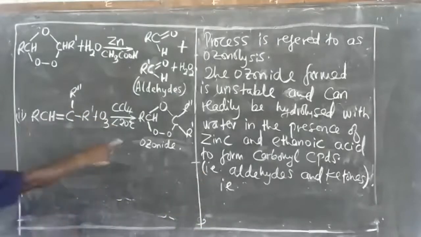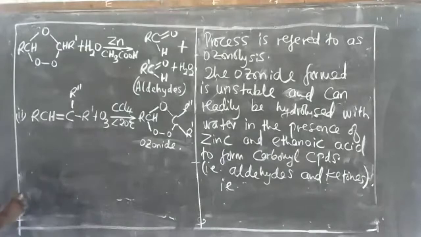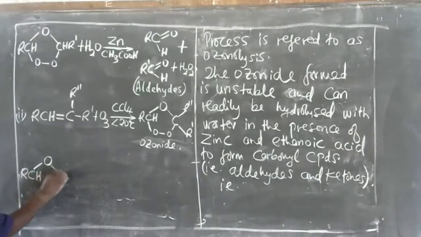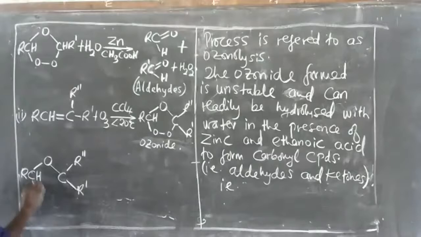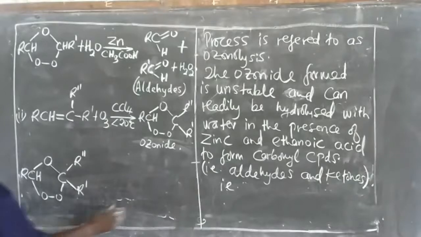Now, we have this one here now. They're saying that now RCH or C R prime, we have R, we have O, that one. We are now hydrolyzing.